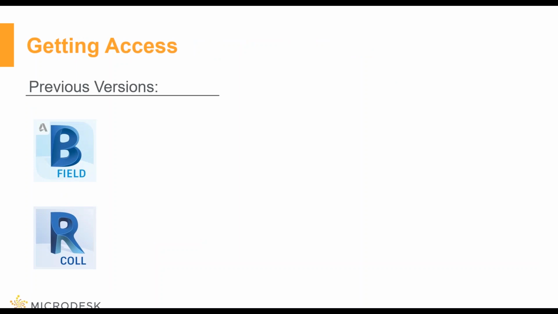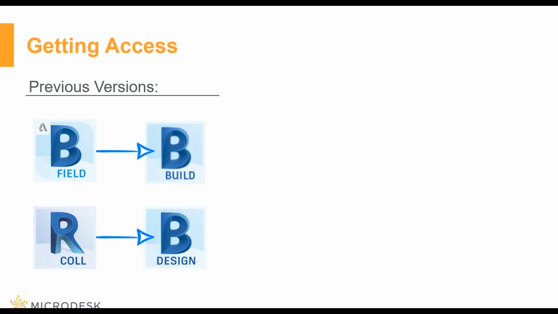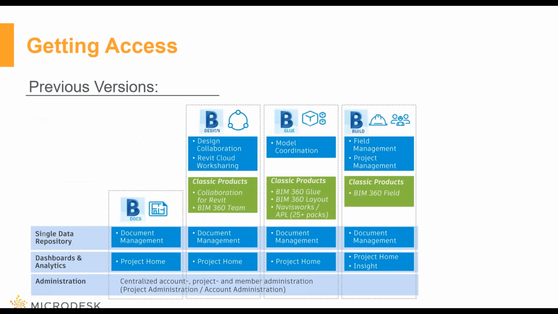Now, in terms of getting access to this, if you own the previous version, in this case, say BIM360 Field or Collaboration for Revit, that means you already have access to the next-gen version. The one we're focused on today is BIM360 Design, but if you owned Collaboration for Revit, you've got BIM360 Design, and that's vice versa. If you purchased it now, that would give you access to the classic products, which is important if you're working on an older Revit project.